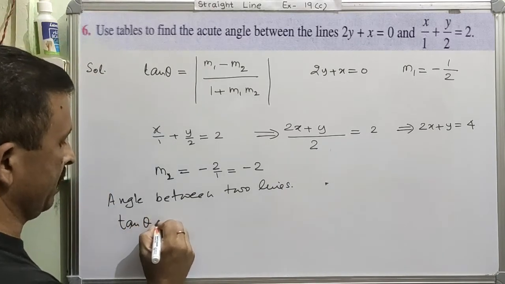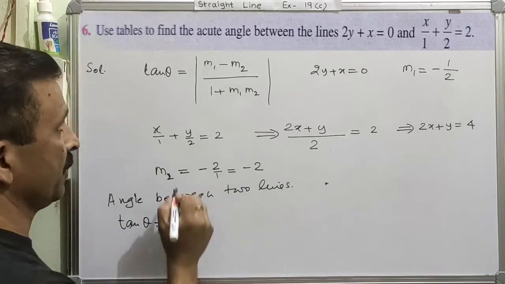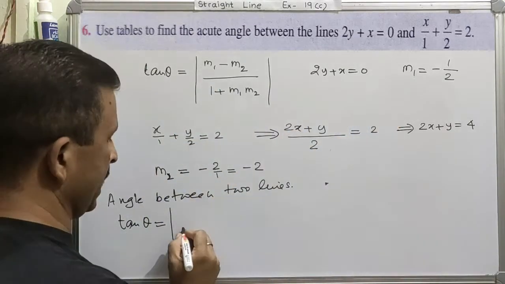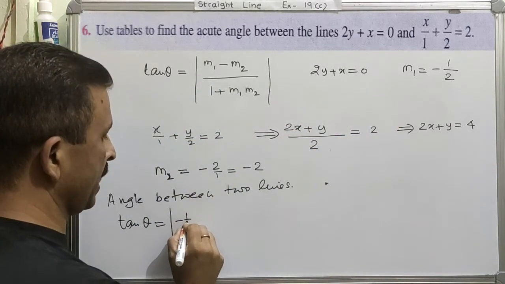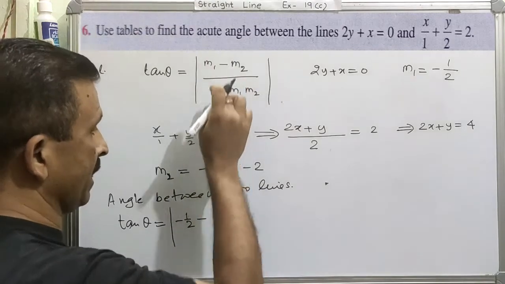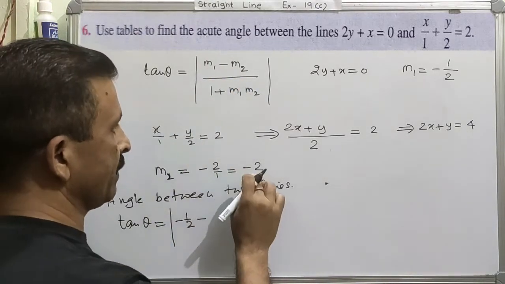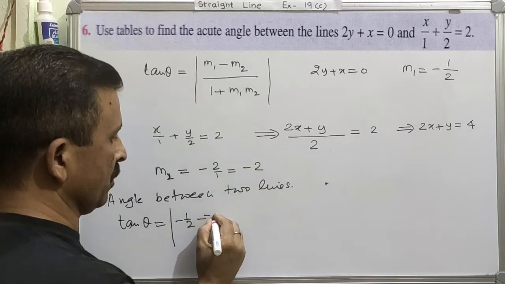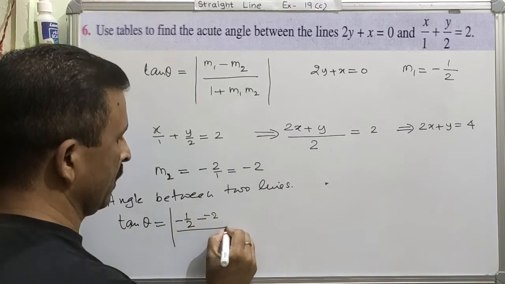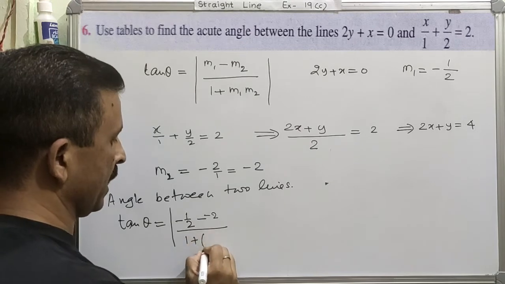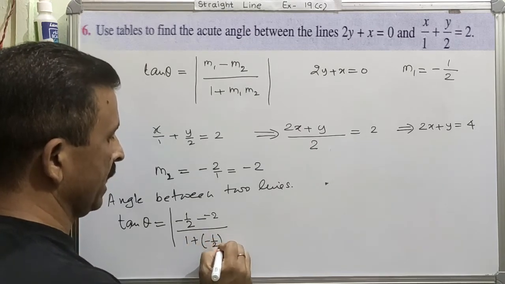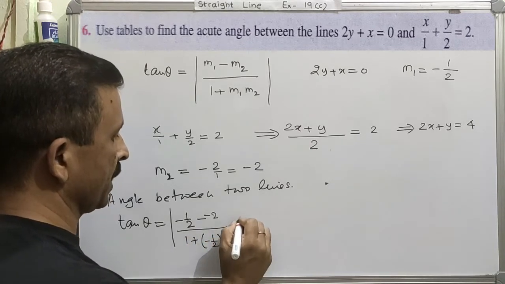Tan theta is equal to the absolute value of m1, which is minus half, then minus sign, then after writing this minus sign we look into the value of m2, that is minus 2, divided by 1 plus m1 times m2, where m1 is minus half and m2 is minus 2.